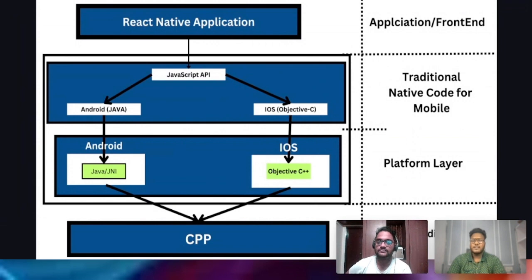In Android it is JNI, and in iOS it is an Objective C++ wrapper. If you want to build an Android or iOS app without this C++ support, then it is enough to use the React Native application block and the traditional native code for mobile. That part is enough.